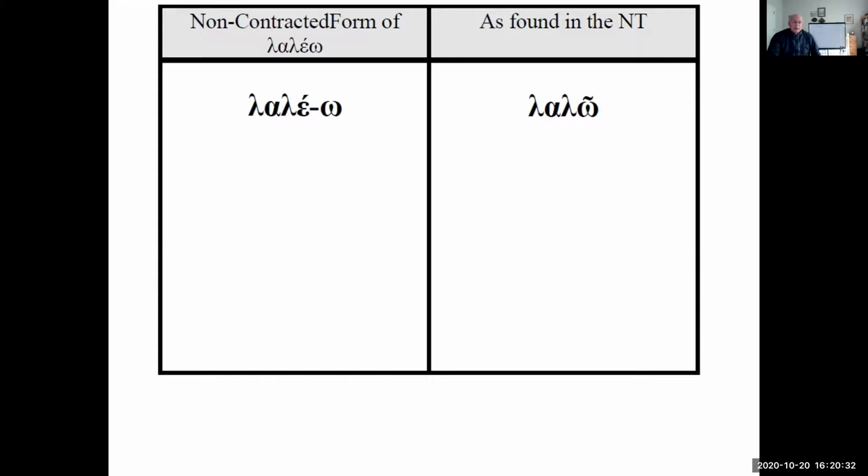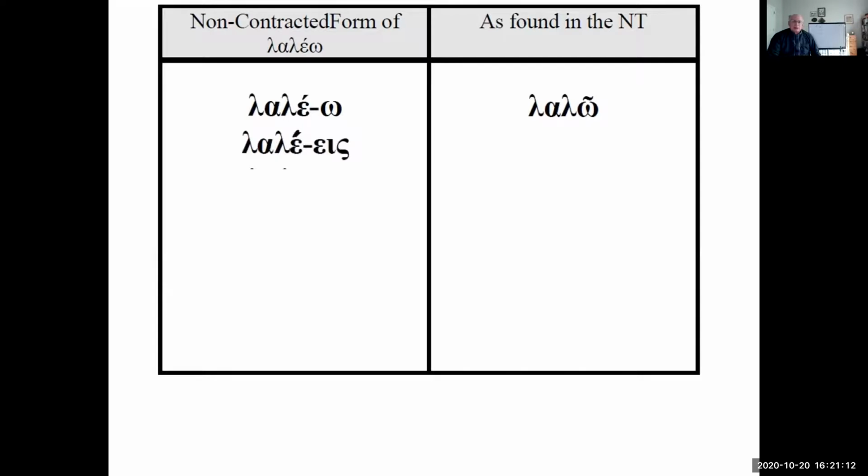The only thing that's left of epsilon is the circumflex accent, which shows that a contraction has taken place. It's important, really, to add the circumflex accent when you write contract verbs. But because we aren't learning the rules of accents, it won't be counted wrong if you leave it off, but it is helpful if you do have it.